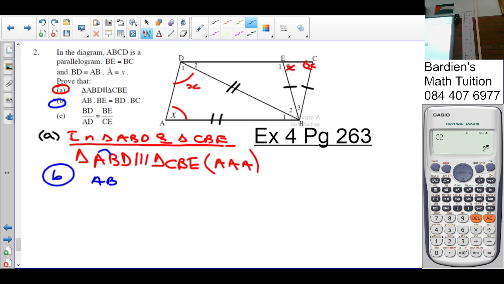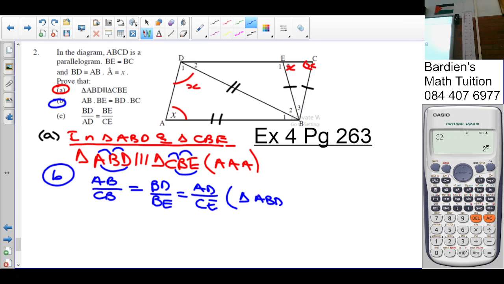AB over CB equals BD over BE equals AD over CE. Why? Because sides are in proportion, or you can say triangle ABD is similar to triangle CBE.